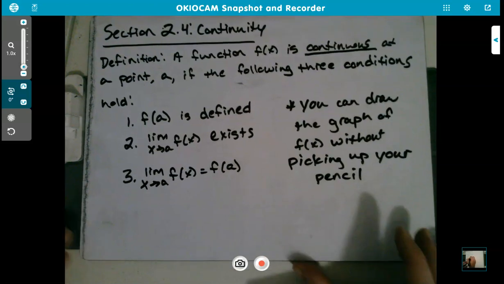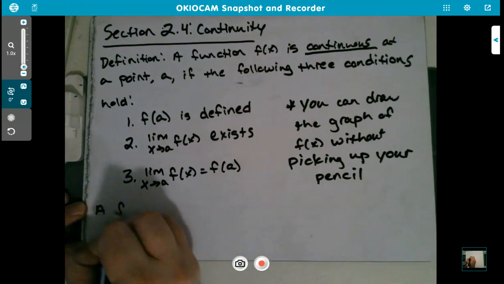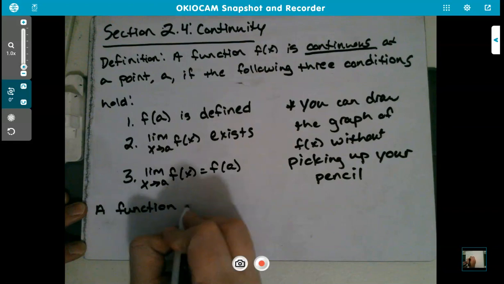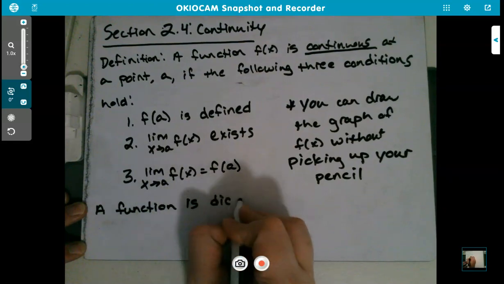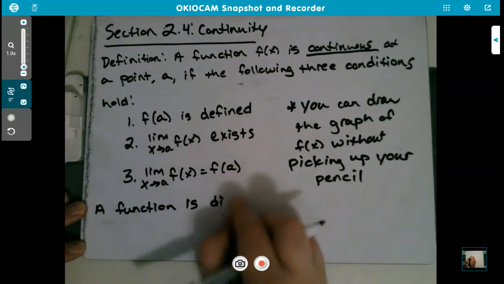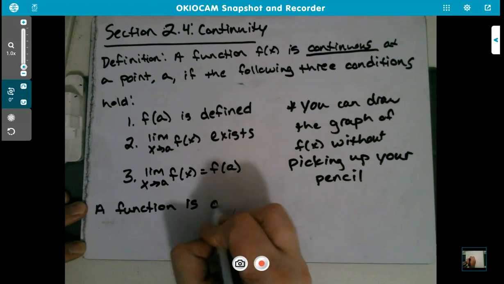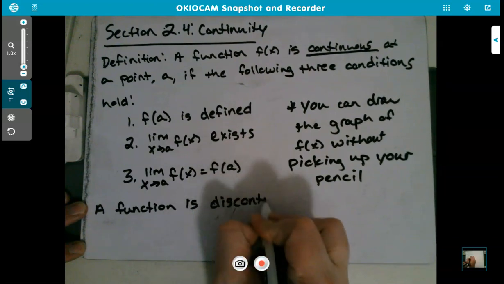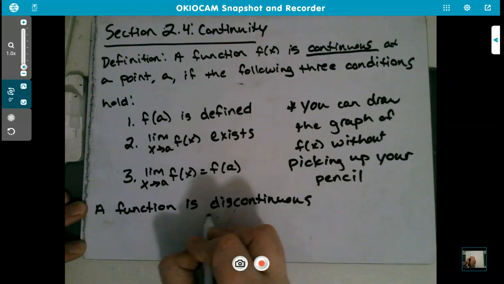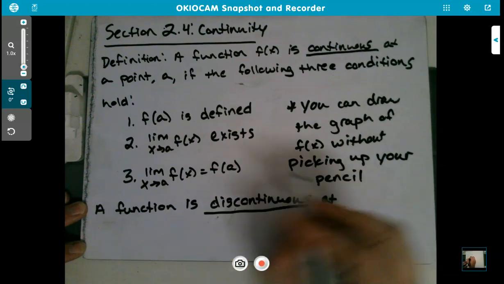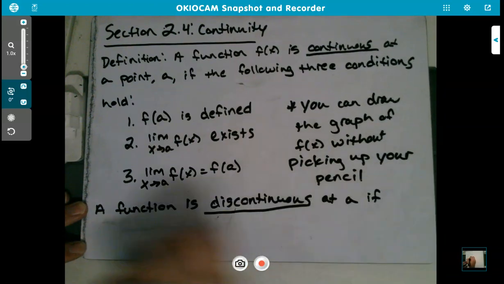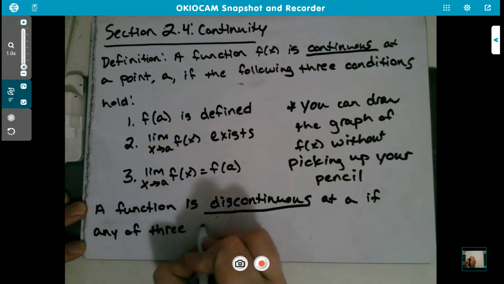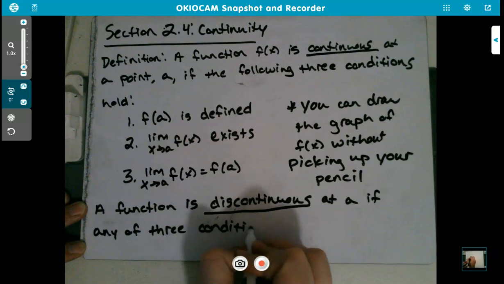A function is discontinuous. Sorry, I almost spelled it wrong. Let's try that again. Discontinuous at that same point A if any of the three conditions do not hold.